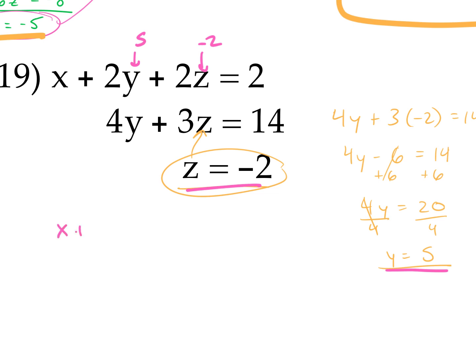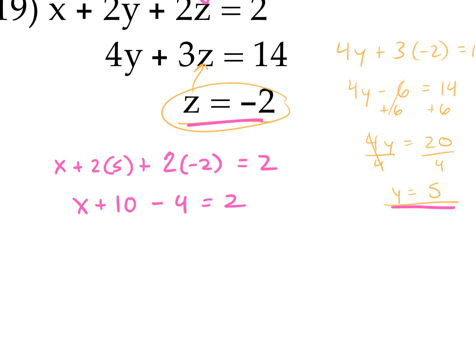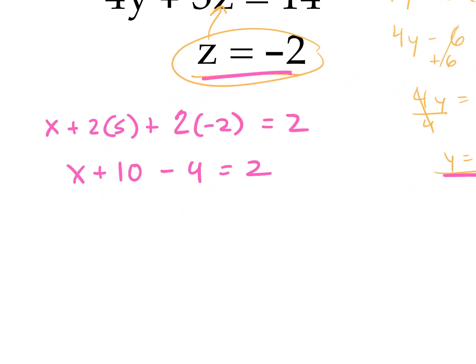So I have x plus 2 times 5 plus 2 times -2 is equal to 2. So x plus 10 minus 4 is equal to 2. What would we do next? I can combine my like terms. Since they're on the same side of the equation, we do exactly what it says.